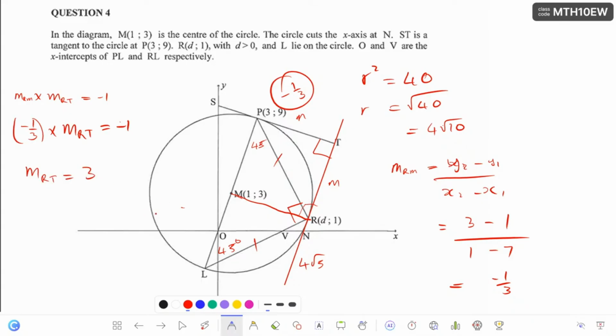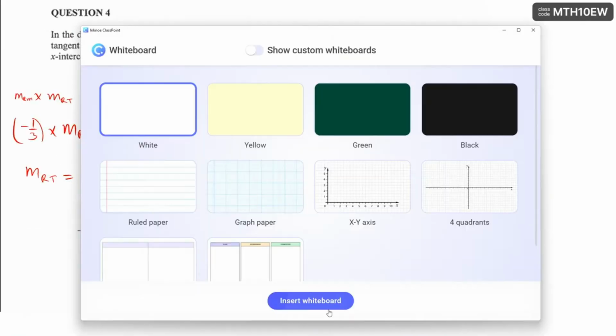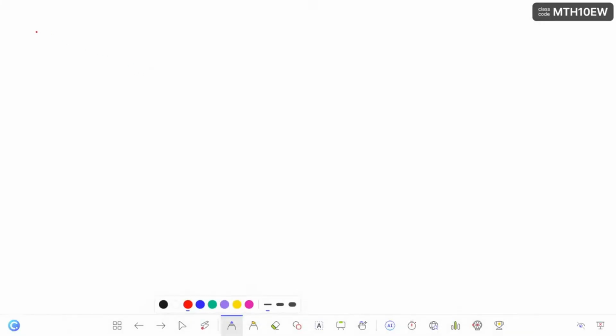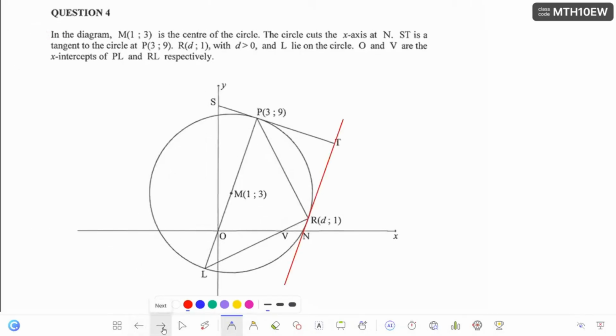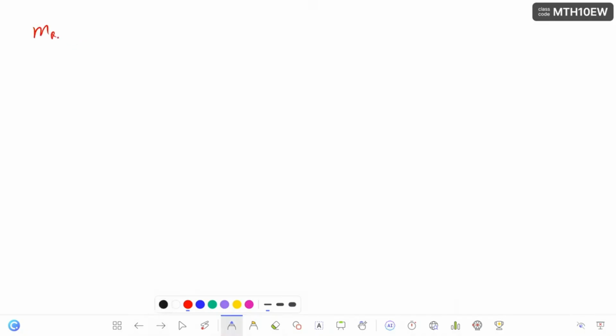So okay, I said if RT is perpendicular to ST, okay, let me open a new whiteboard. So we have a gradient of RT, which is 3.